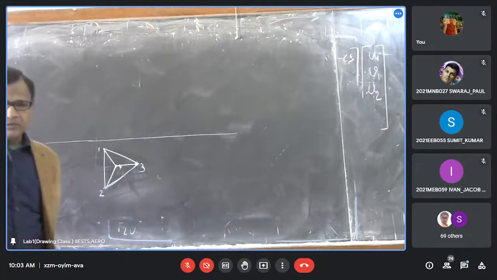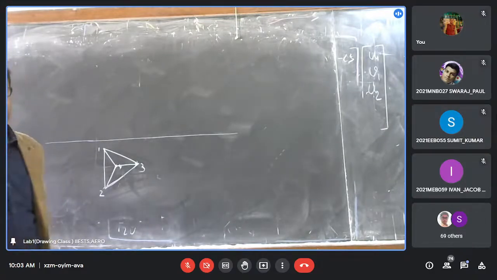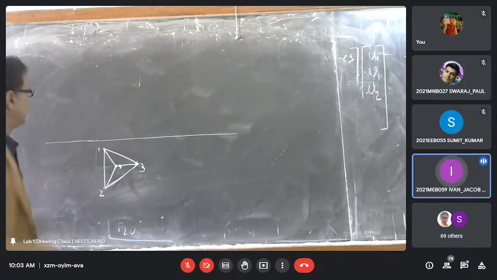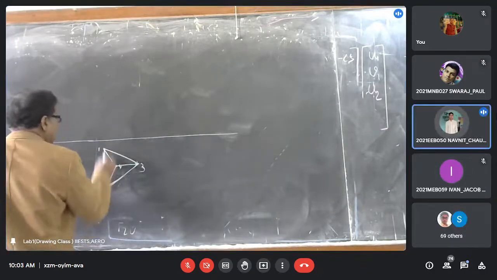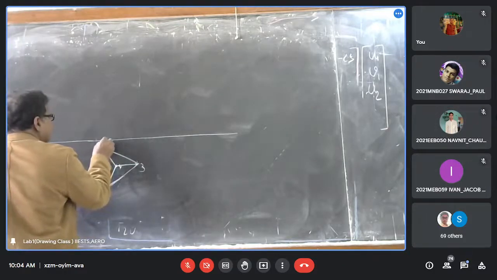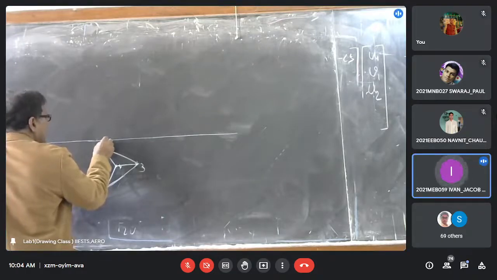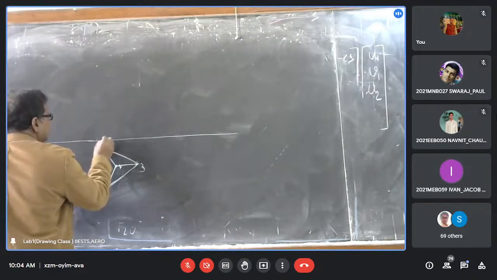Now can you find the elevation with the help of this figure? Very easy. 1 to 2, will it be on the ground or in the air? Ground. This is 2 dash and 1 dash.